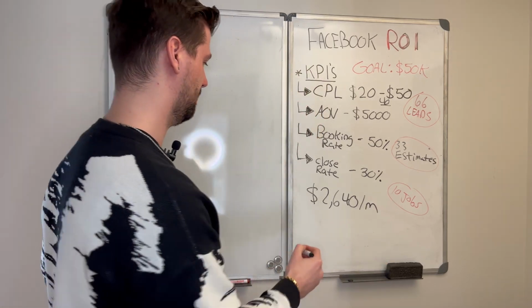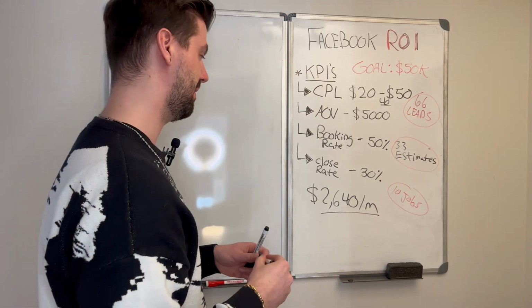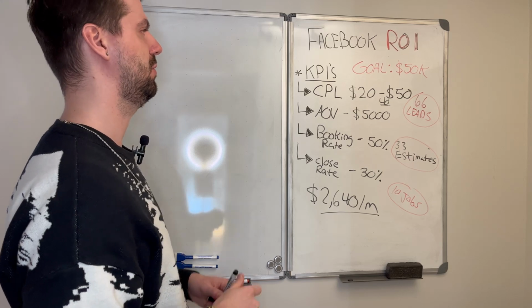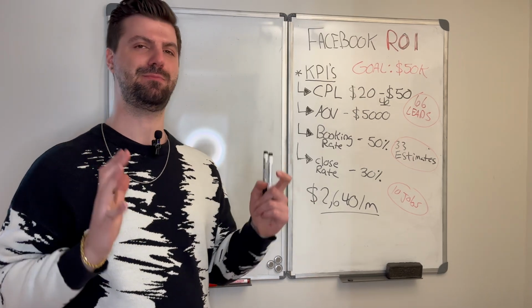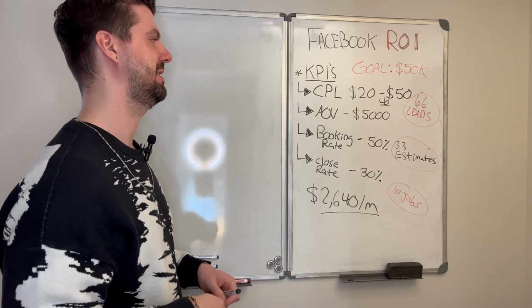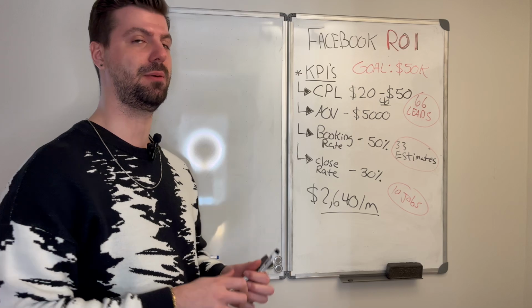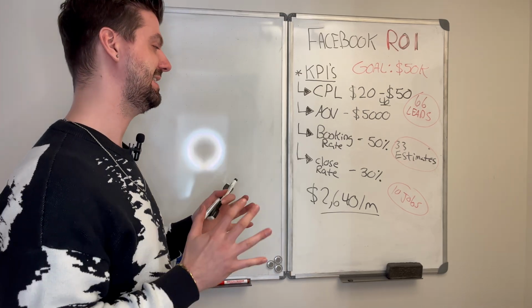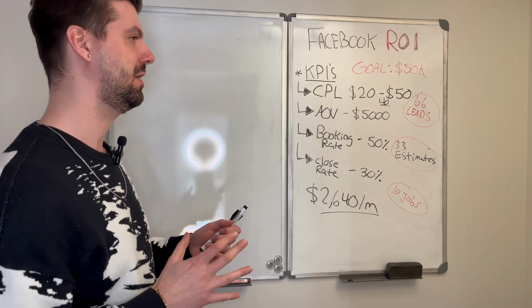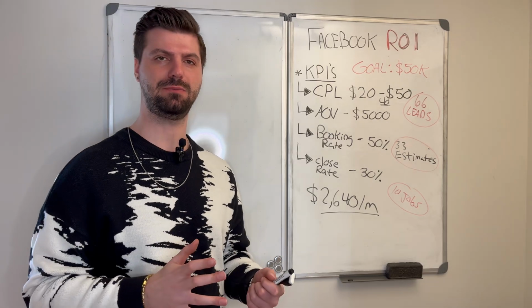So that is what you would need in terms of a monthly ad spend to put yourself in the best possible position to get 66 leads, land 10 jobs at $5,000 a job roughly. So that is how you do financial modeling for Facebook ads for your landscaping business.